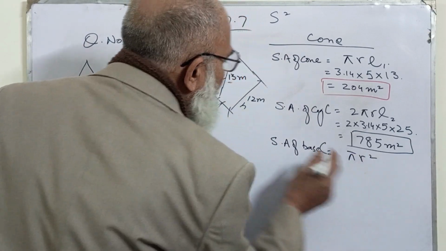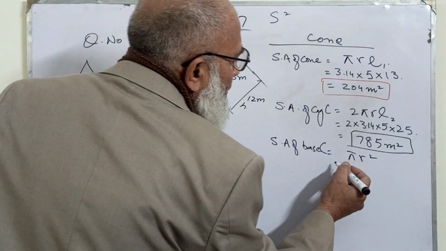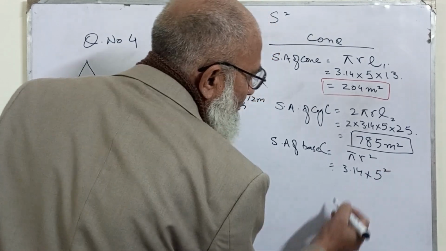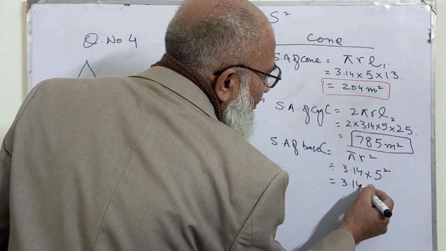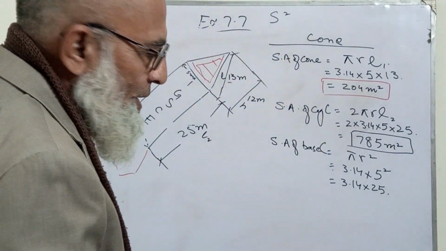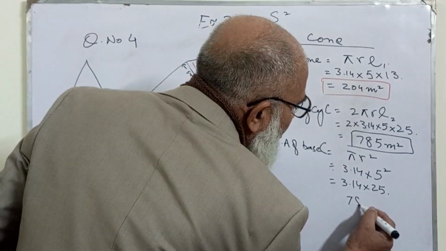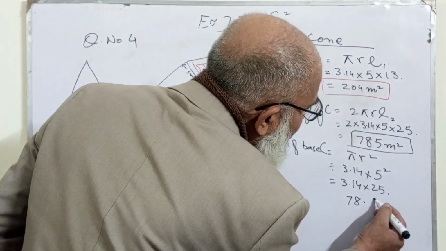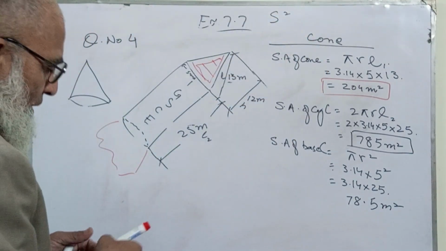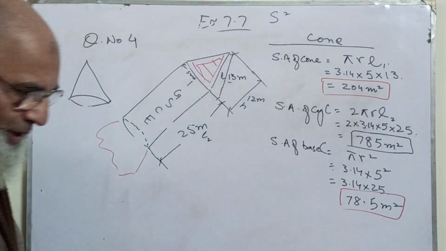Here the pi r square and here the pi r square are the same. 3.14 multiplied by 5 the whole square, so it will become 3.14 multiplied by 25, which is 78.5 meters square. Now this is the third answer which we have calculated.